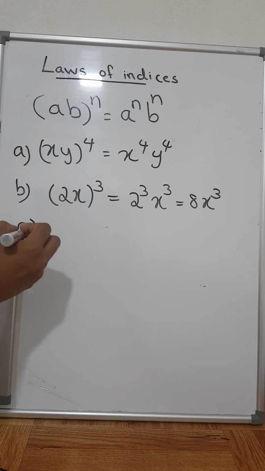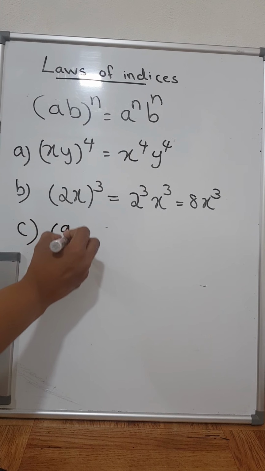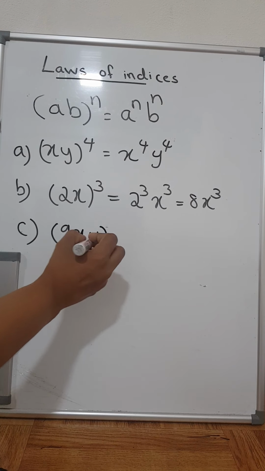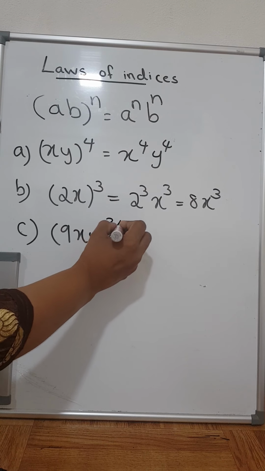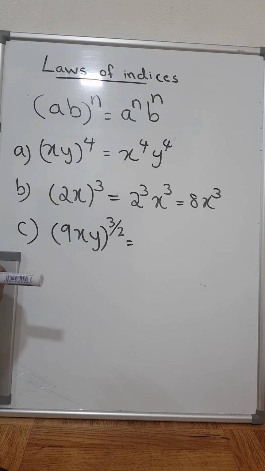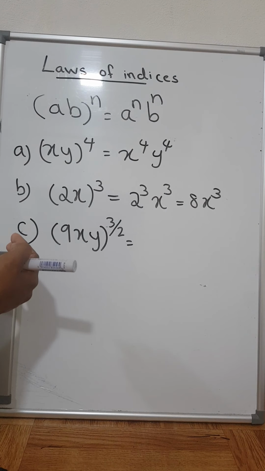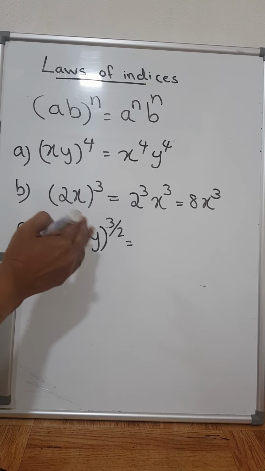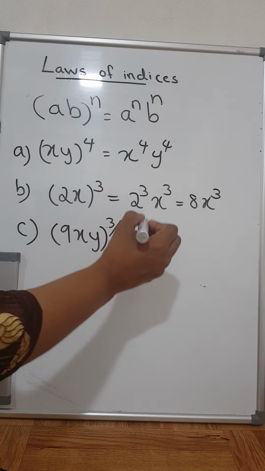Now we'll see another example. (9xy) to the power 3 by 2. Here you see inside the bracket we have 9, x and y. When we remove the bracket, all of them should get the power 3 by 2.